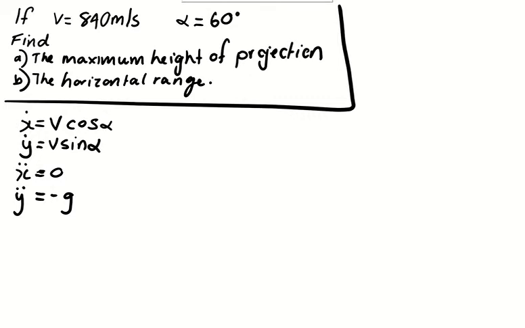Okay, if you have no idea where to start, you do start at these. Straight away, I can see that I can sub in my value of v and my value of alpha.